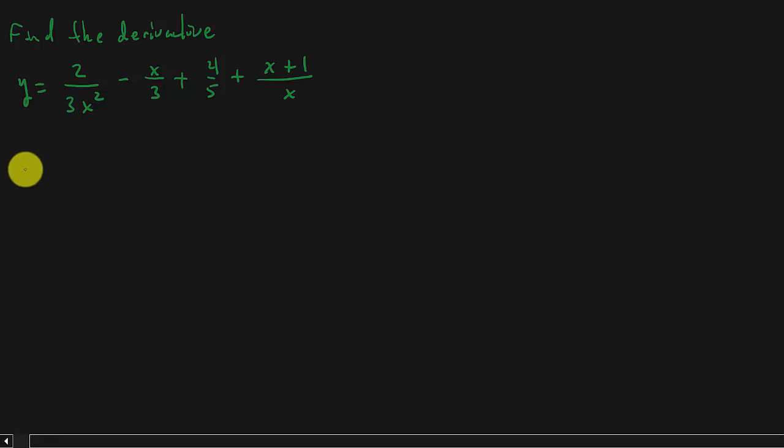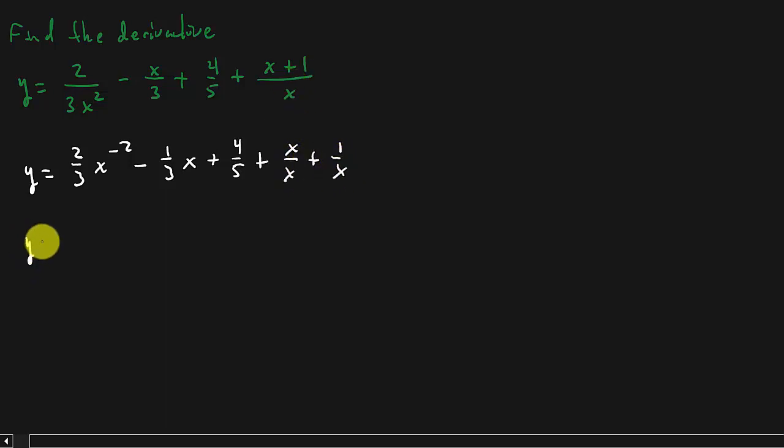So what I would do here is I would rewrite the problem as 2/3 x to the negative 2 minus, write that as 1/3 x, that's all it is, plus 4/5 plus, and then split this up, x over x plus 1 over x.